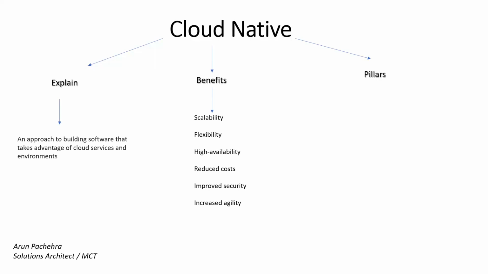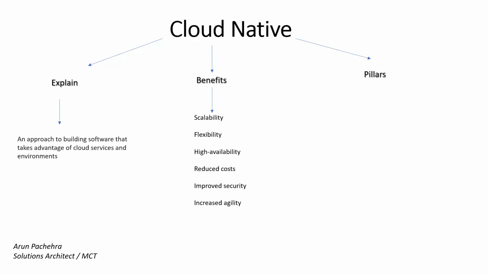Scalability. Of course, we can easily scale up our cloud native applications, or rather we need to build those applications so that they can easily scale up or down based on demand, allowing organizations to adjust their resource usage and cost as needed. It's cloud, and we are paying for what we are using.